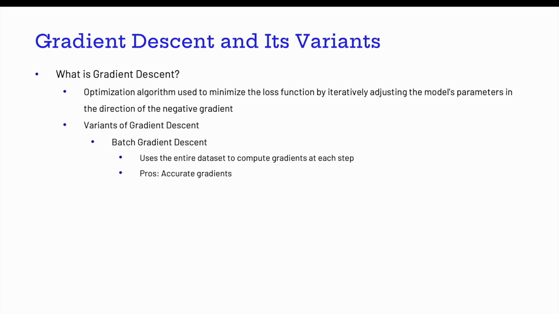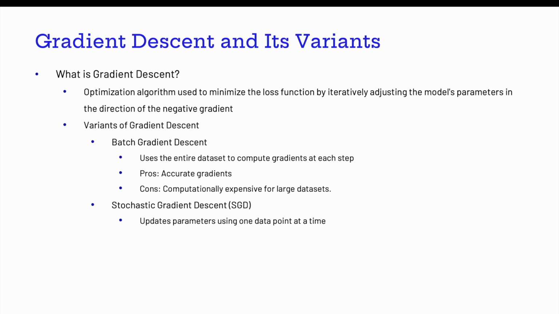The pro is accurate gradients, and the con is that it is computationally expensive for large datasets. Next, we have stochastic gradient descent, or SGD, which updates the parameters using one data point at a time. The pro is faster updates, but the con is high variance in updates, which can lead to oscillations.